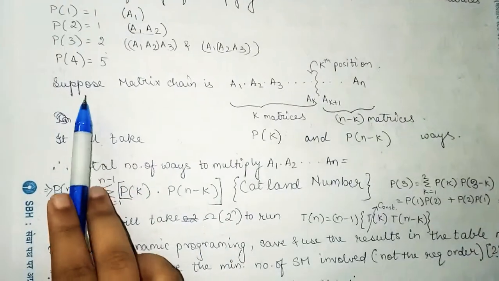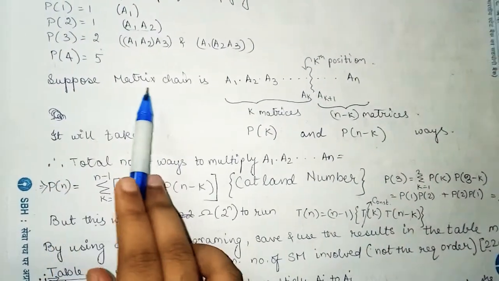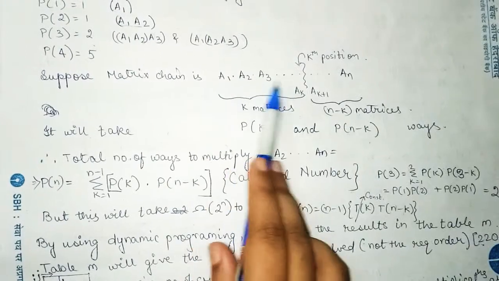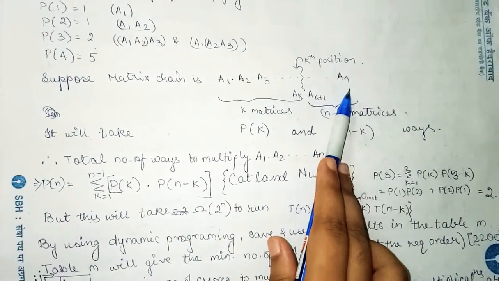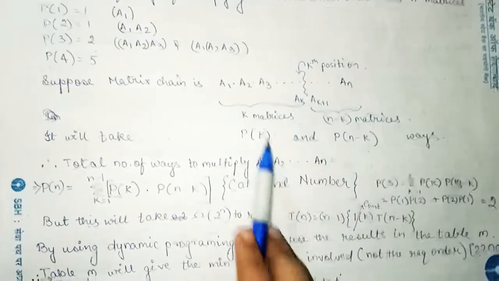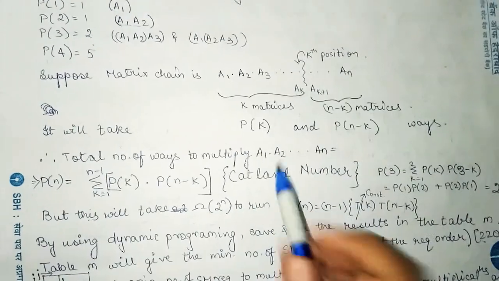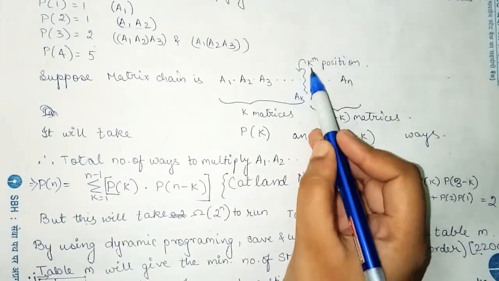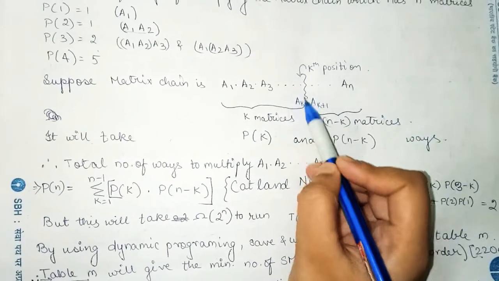So suppose the matrix chain which we want to multiply is A1 A2 A3 up to An. n is some natural number greater than 1. And in between at some kth position we divide.